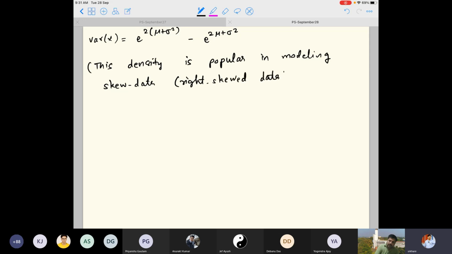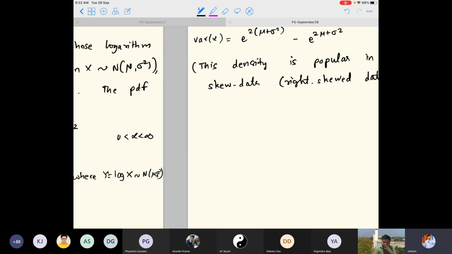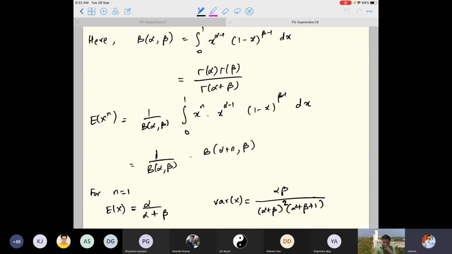So this is something that I have not talked about, skewness and kurtosis and all. So I will not go into the details of these things right now. But this is one application. Okay, so this log normal densities actually come into the picture. So this is one of the interesting densities that you have.